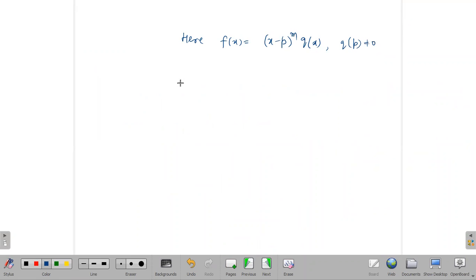Now if I take g of x, what will be your g of x? It is x minus f of x, that is x minus p raised to power m into q of x, divided by its derivative. So let us take its derivative. It is x minus p raised to power m into q dash x plus m times x minus p raised to power m minus 1 into q of x.